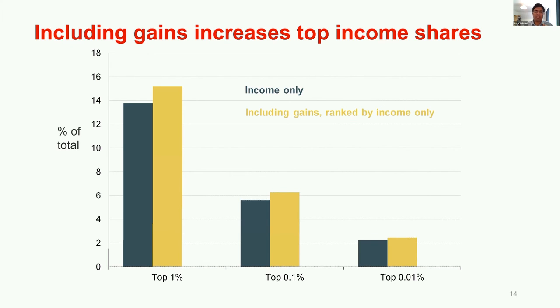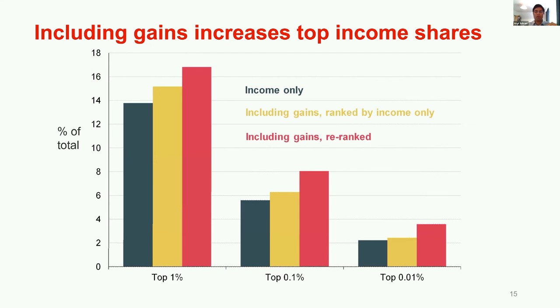You see that increases the share of total remuneration that goes to that 1% group by about 1.5 percentage points. If you also re-rank to account for the fact that there are some people who are now at the top when you include gains who were not at the top before, this increases to almost 17%. So you're having about as much effect again.